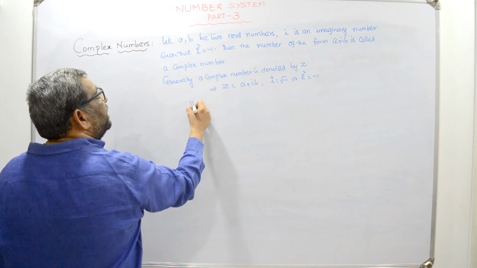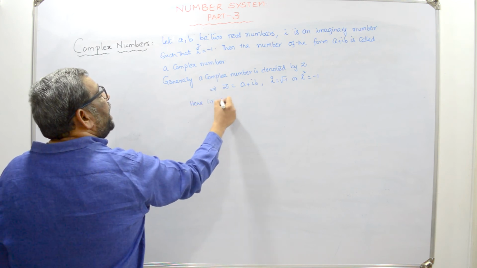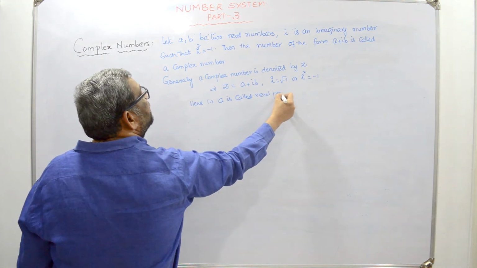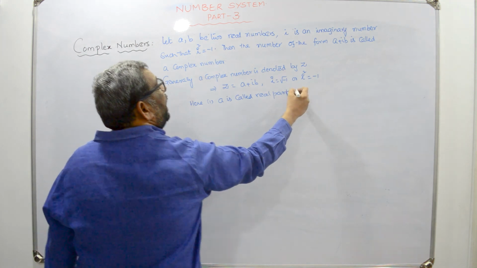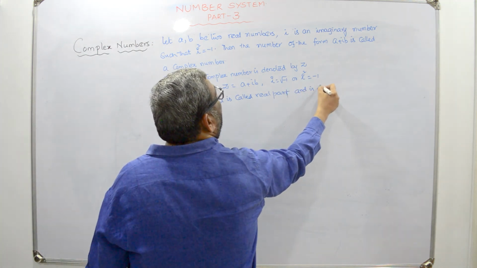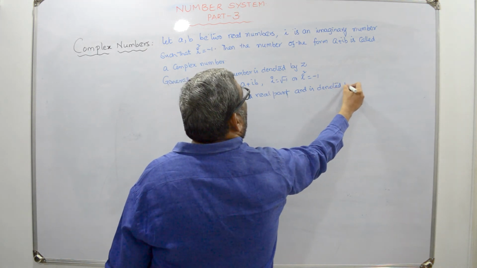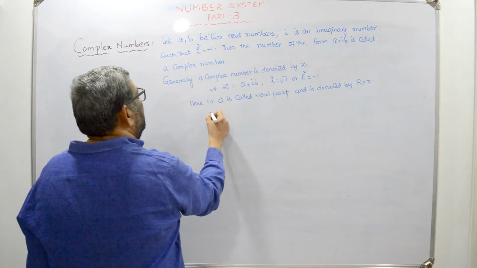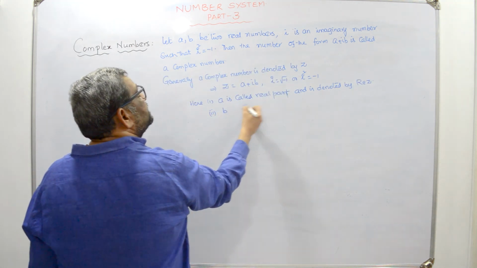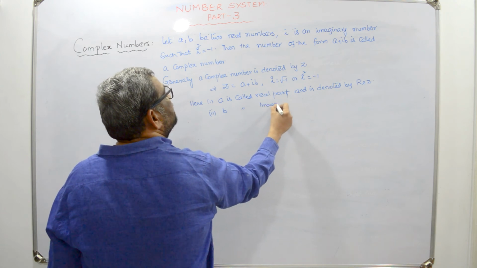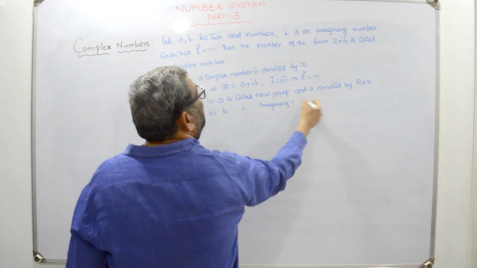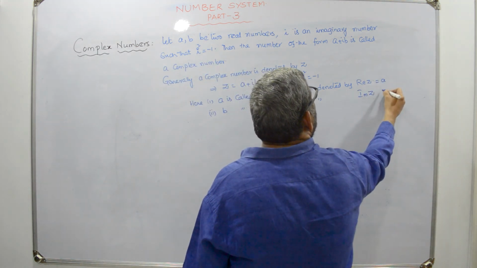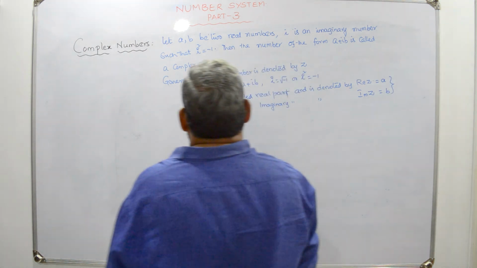So a is called the real part and is denoted by real z. b is called the imaginary part and is denoted by imaginary z. So real z is equal to a and imaginary z is equal to b.